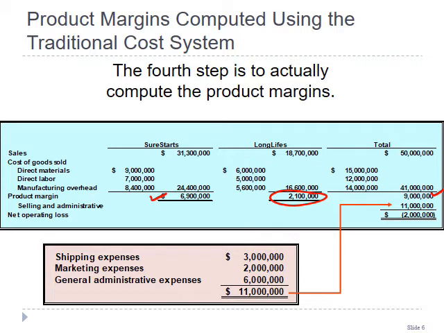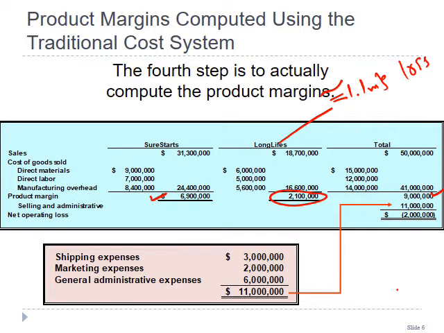So did you notice something? In our ABC system, when we implement that one, Long Life is giving us approximately $1.1 million loss, not profit.